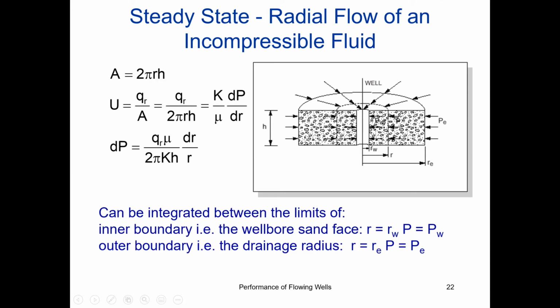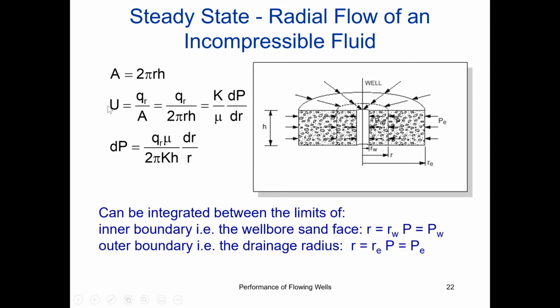Yeah, that's the area. 2 times r becomes the radius, multiplied by pi becomes the perimeter, multiplied by height becomes the area.